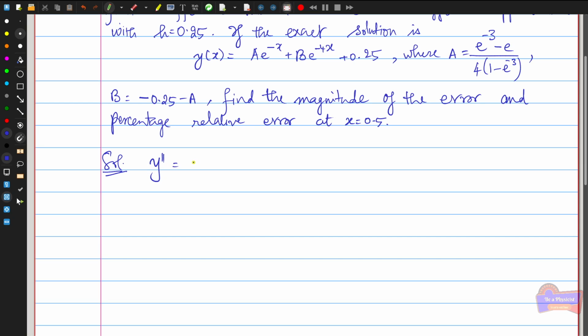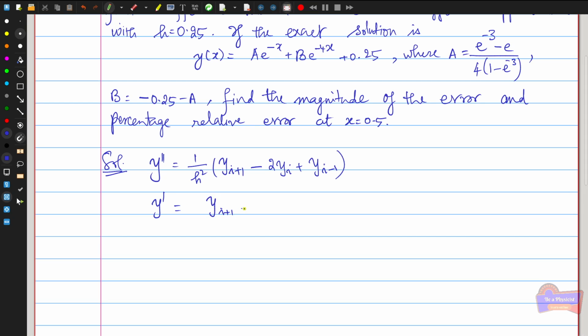For y double prime, we know the central difference approximation for the second order derivative is 1 by h squared times y of i plus 1 minus 2 times y i plus y of i minus 1. And for the first order derivative, y prime is equal to y of i plus 1 minus y of i minus 1, divided by 2 times h.